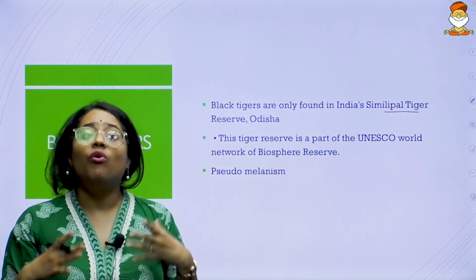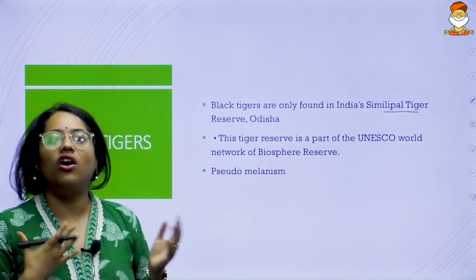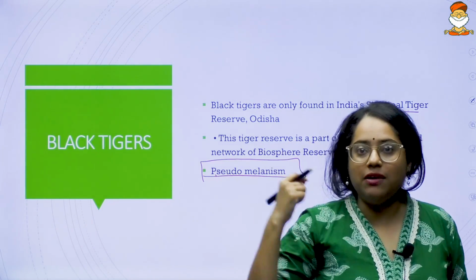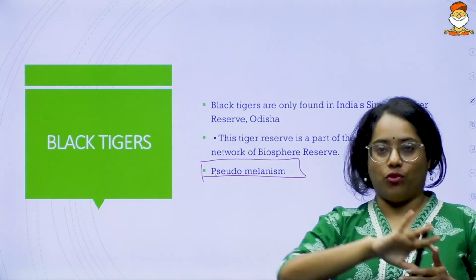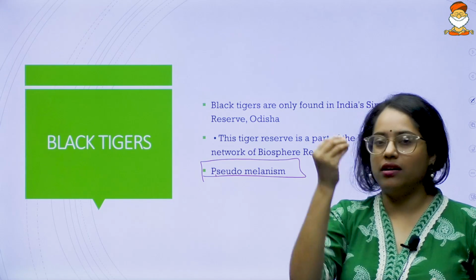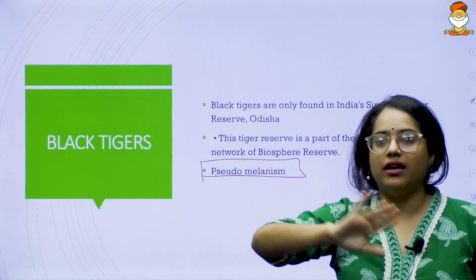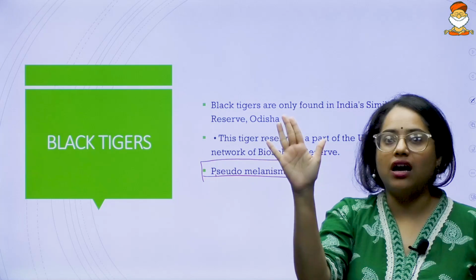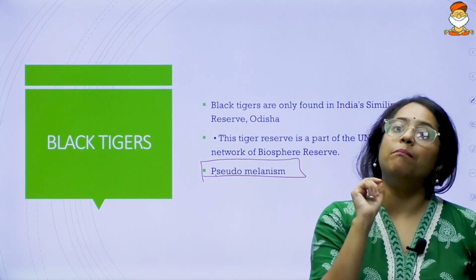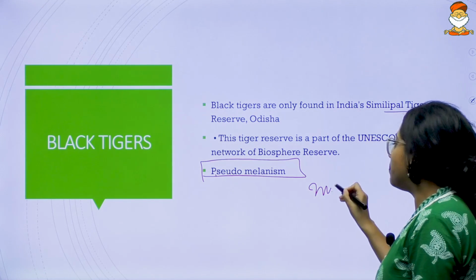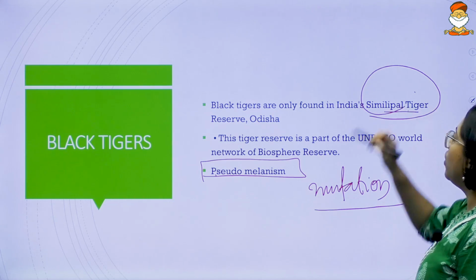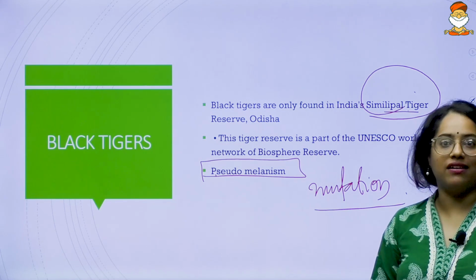No. What has happened is it has undergone a feature called pseudomelanism, where the yellow or lighter pale part of it has completely faded out, and it has become grayish and dark in color, and this is why it seems like a black tiger. It's just a mutation that has happened in your normal tiger species, and it is only found in India's Simlipal Tiger Reserve.